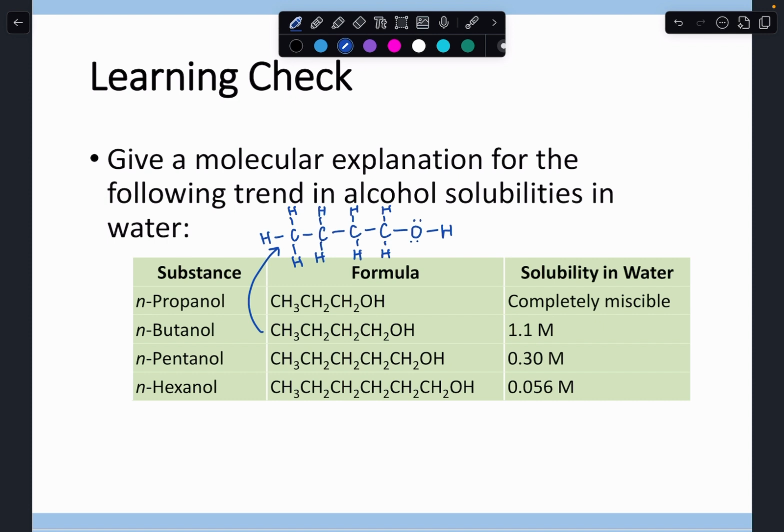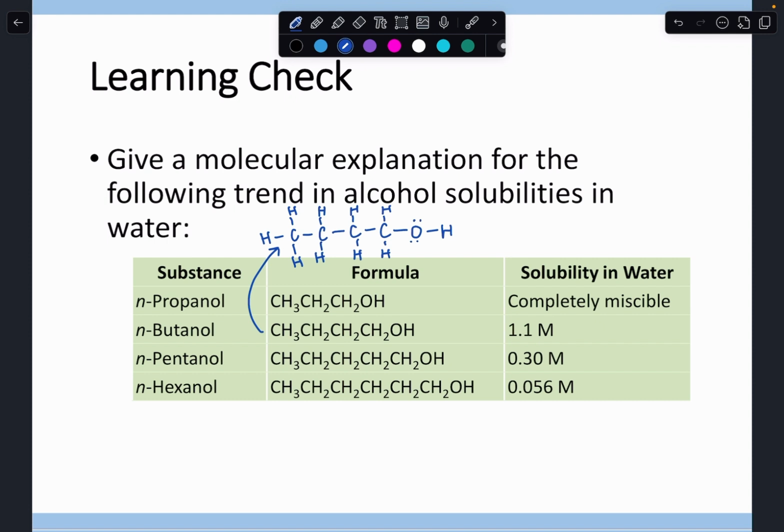It is only soluble up to a concentration of 1.1 molar. 1.1 moles of butanol per liter of solution. If you add any more after that concentration, it won't mix. And then if you go down and look at pentanol, we have an additional carbon. There are 5 carbons here that has an even lower solubility. And then hexanol has 6 carbons. That's an even lower solubility.